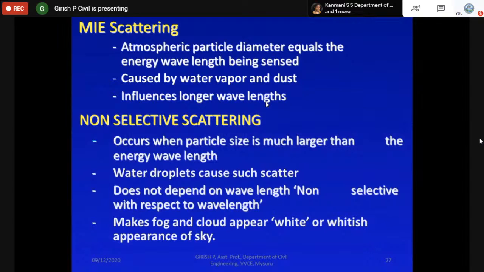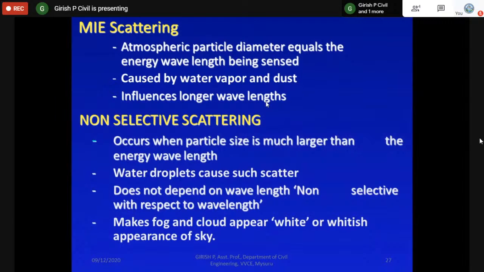The wavelength varies between 0.4 micrometer and 0.7 micrometer. Most of the time, Mie scattering is caused by water vapor and dust. It influences the longer wavelengths, whereas Rayleigh scattering influences the shorter wavelengths. Another one is non-selective scattering. It occurs when the particle size is much larger than the energy wavelength.